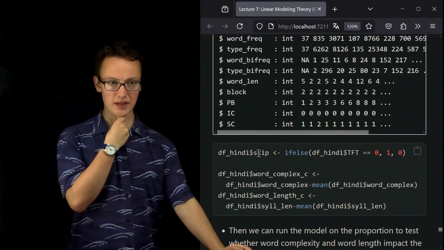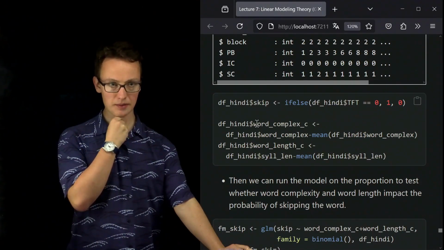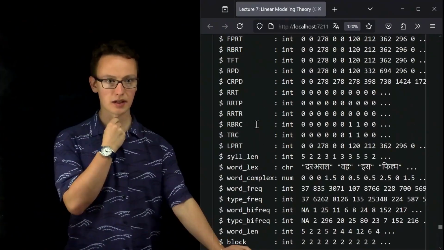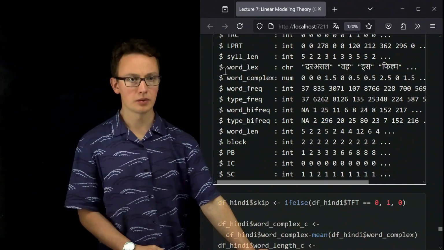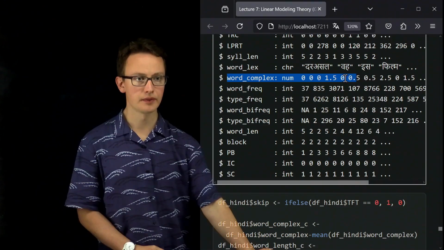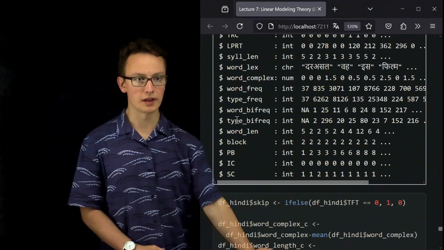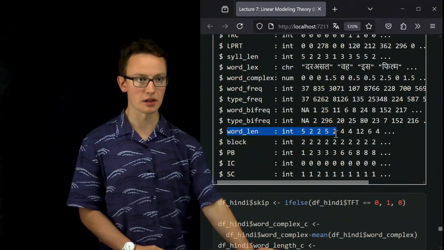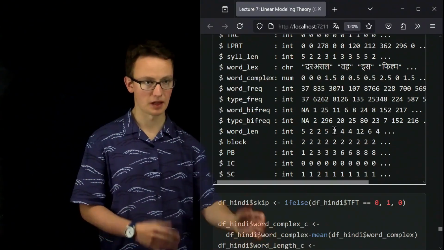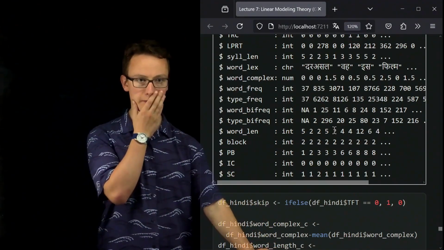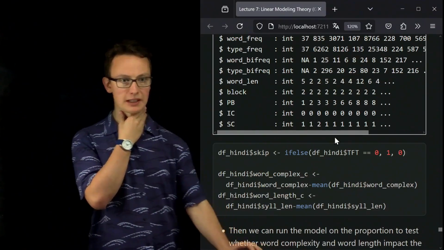Now, as I said, we want to center our 2 predictor variables, word complexity, which you can see here, and word length, which you can see over here. So both of them are not centered yet, and we want to center them as predictors for the upcoming analysis.